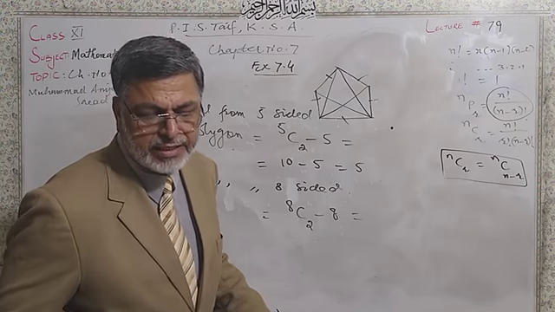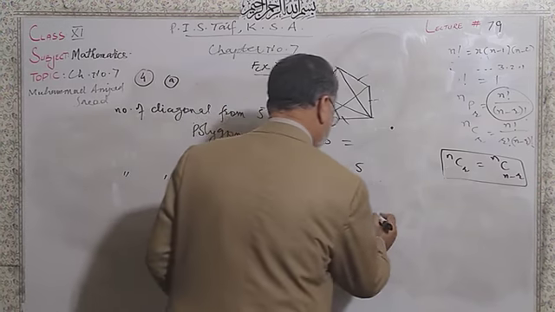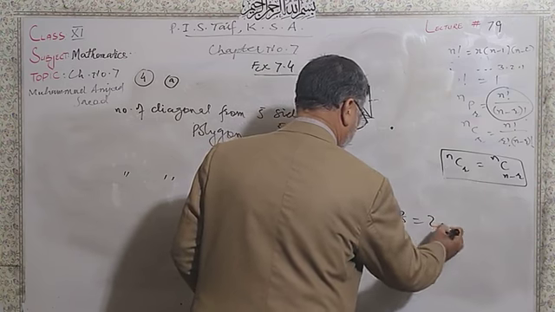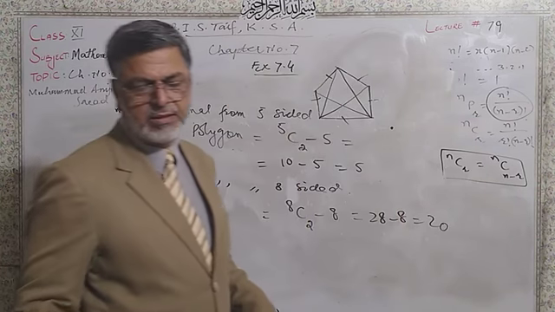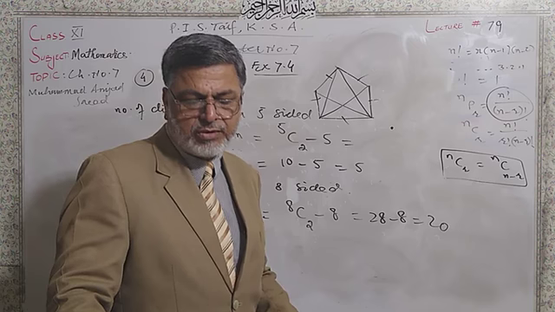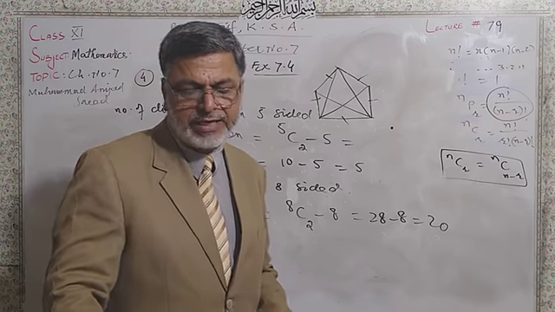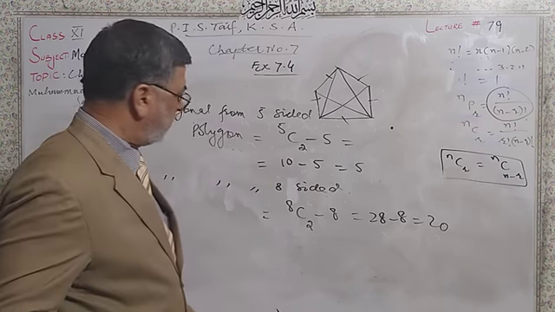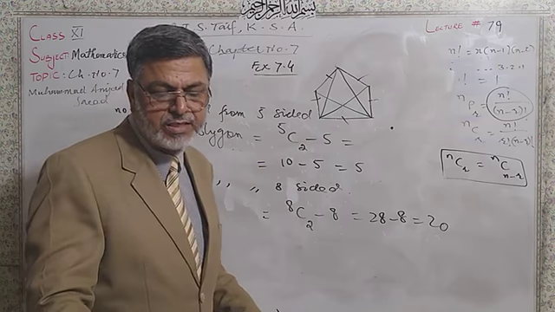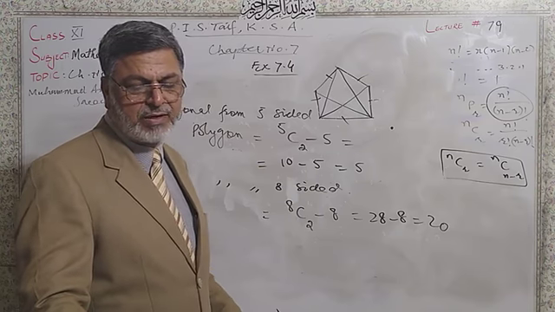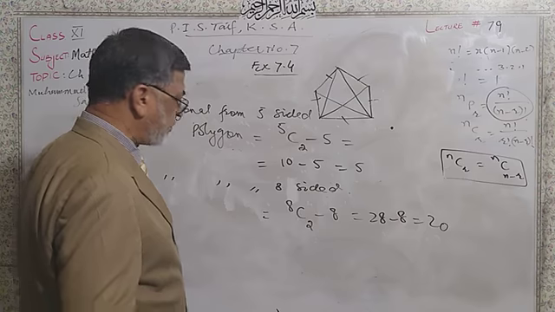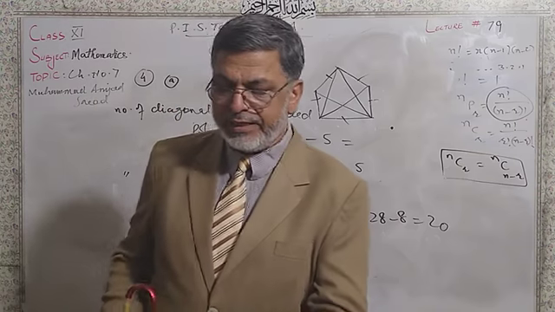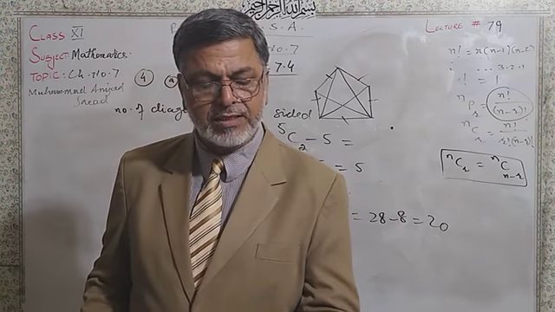In this way you get 28 minus 8 is equal to 20. Similarly, for a 12-sided polygon, 12C2 minus 12, and in this way you can find the answer.